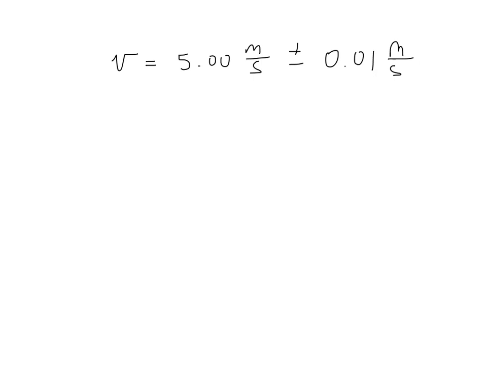So remember, absolute uncertainty only can have a single sig fig. And here, this absolute uncertainty is rounded to the hundredths place. Therefore, every time we write the velocity, we have to make sure it's rounded to the hundredths place. These places have to match up. And that is important.